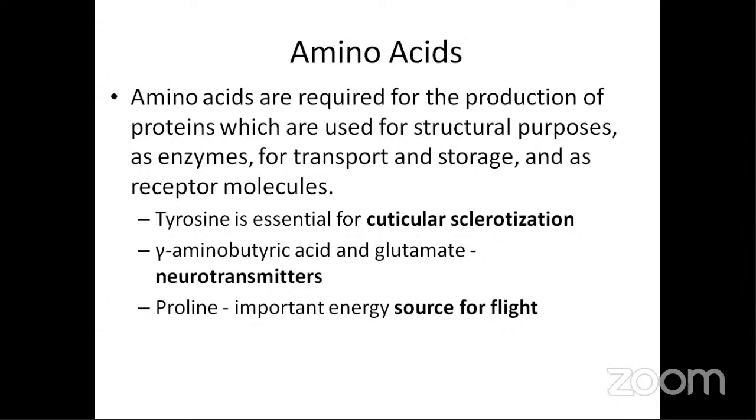Amino acids are also helpful in receptor molecules. In insects, tyrosine is essential for the cuticular sclerotization process. In the molting process, the oxidation of tyrosine by means of quinone leads to sclerotization of the cuticle. Two other important amino acids are gamma aminobutyric acid and glutamate, which are important neurotransmitters involved in nerve impulse transmission in insects.